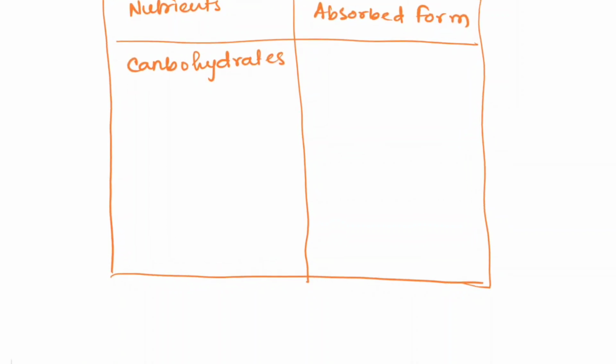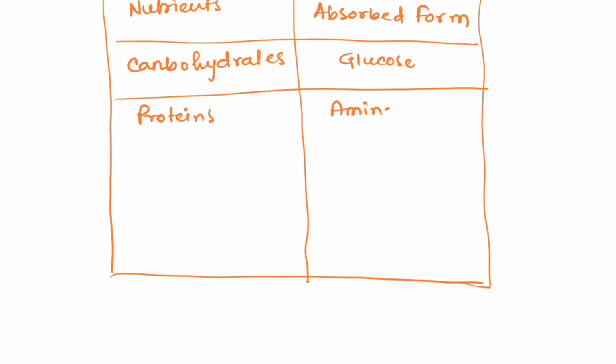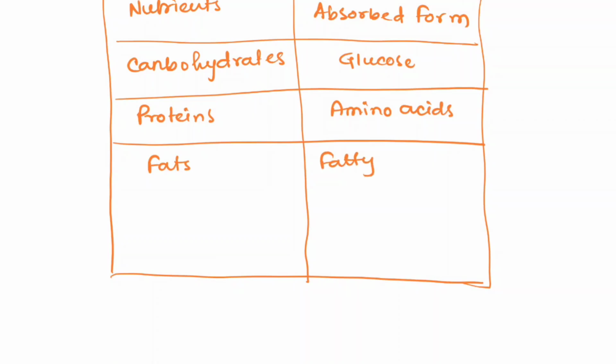Its absorbed form is glucose. Next one is proteins. Absorbed form is amino acid. Next, fats. Fatty acids plus glycerol.